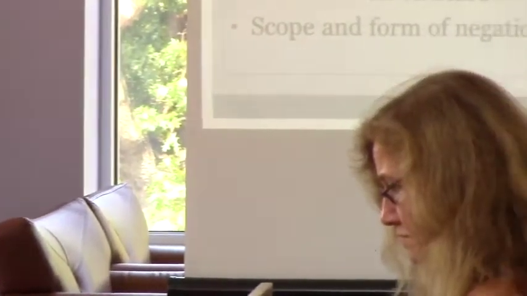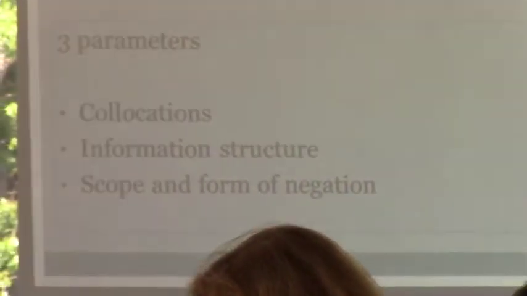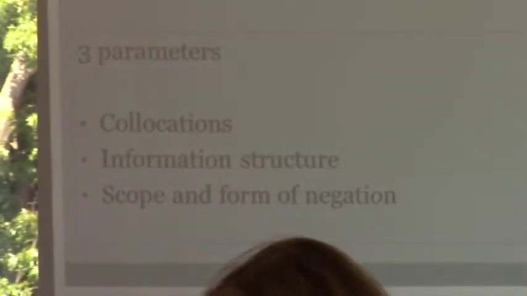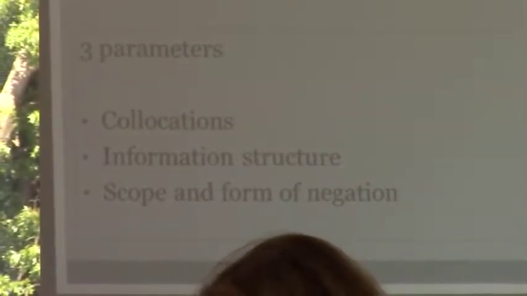So we made a distinction between surprise as a source, I'm using source instead of stimulus, and surprise as a state. Three parameters help distinguish between the two meanings: collocations, information structure, scope and form of negation.